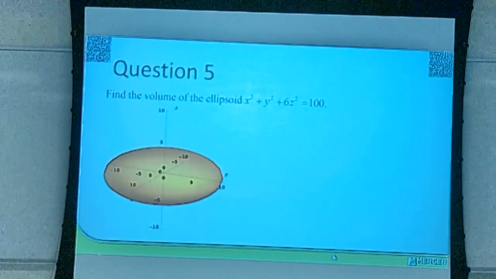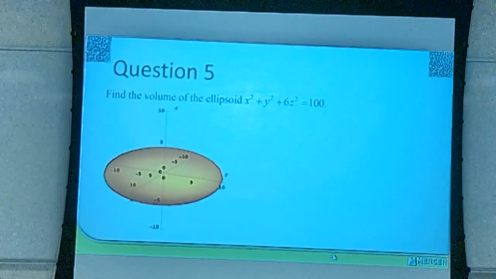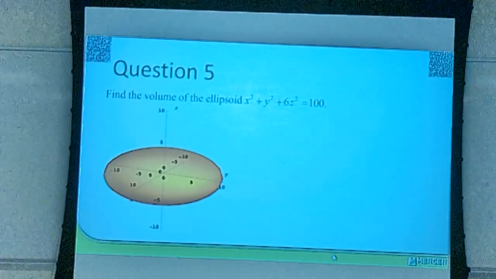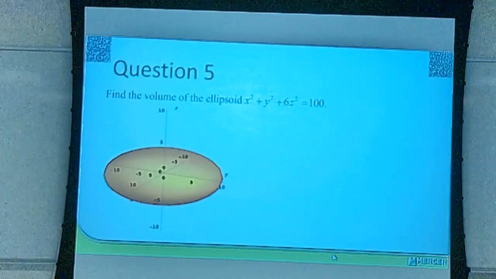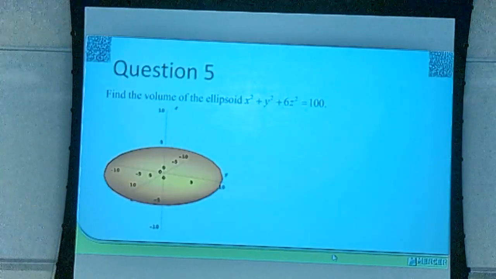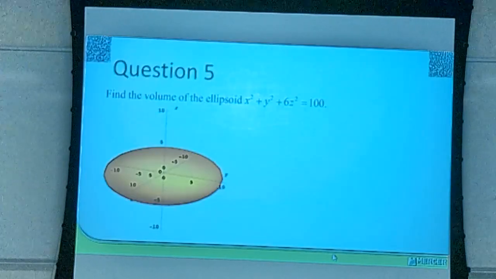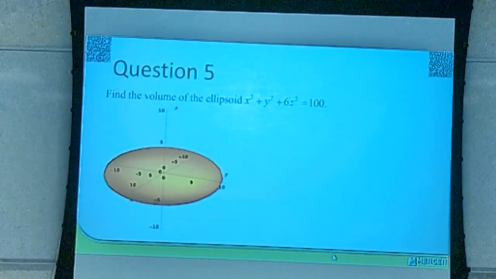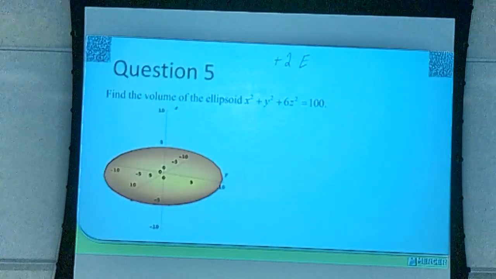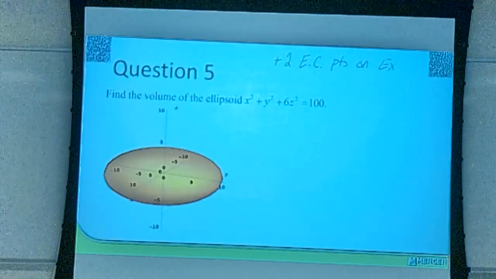So the remaining 13 minutes, describe that region. If you get it perfectly right, I'll give you +2 points onto the final exam. For the group, but I'm sure they'll be back. Okay. If we describe this perfectly, we get 2 extra credit points on the exam.